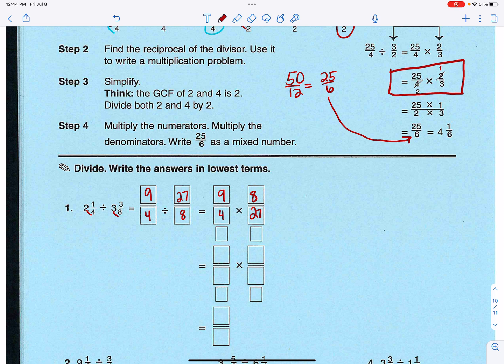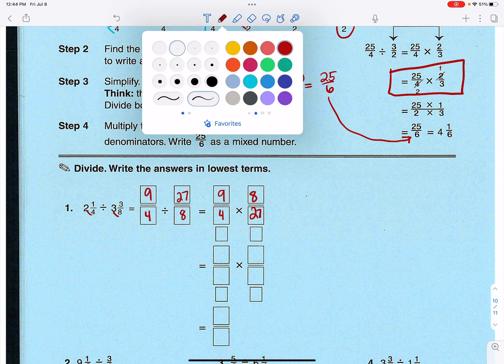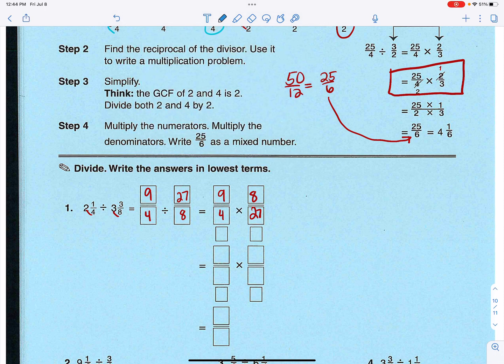So what you can do, if you would like, you can say, wait a minute, 4 goes into 8, and that's a 2 and a 1. And you can say 9 goes into 27, and that's a 1 and a 3. So it makes those numbers smaller. 1 over 1 times 2 over 3 is 2 over 3. So my answer is 2/3.